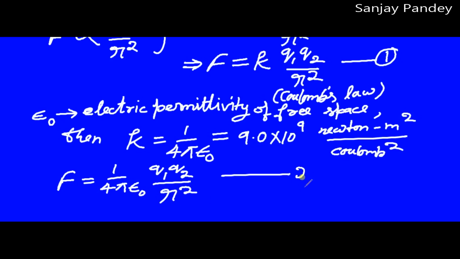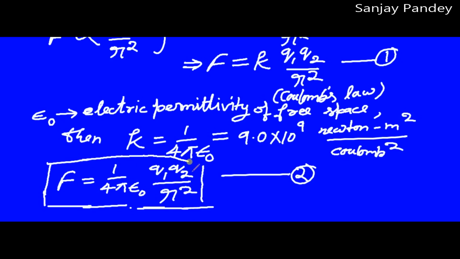Suppose this is your equation 2. This equation is also called Coulomb's law in free space.